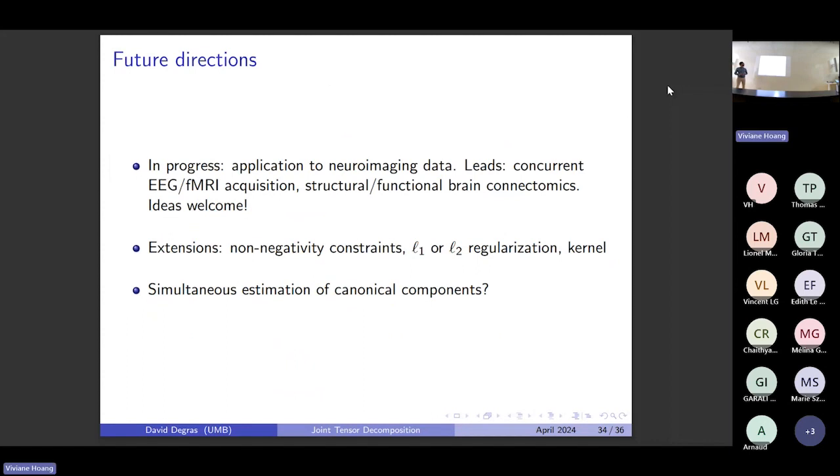Right. And so one last slide, future directions and progress. I'm working on applying those methods to neuroimaging data, with some leads for applications to look at concurrent EEG functional MRI acquisition, and also to try and connect, no pun intended, some connectomes. You have structural connectomes and functional connectomes.